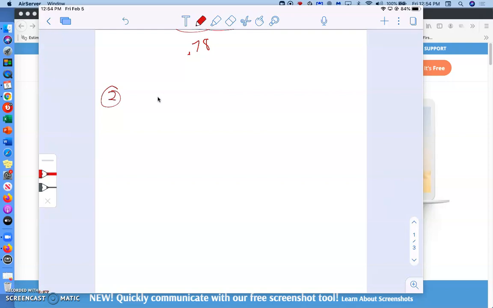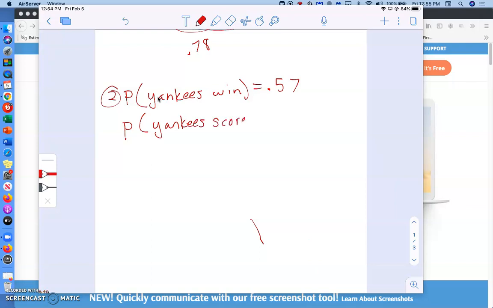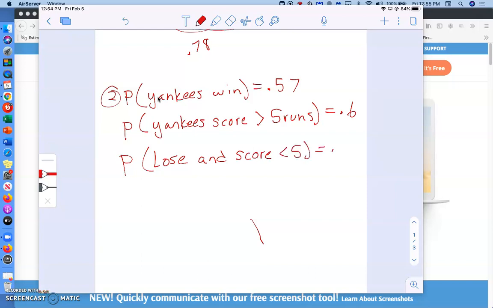Let's say the probability that the Yankees win is 0.57, the probability that they score greater than 5 runs is 0.6, and the probability that they lose and score less than 5 is 0.31.